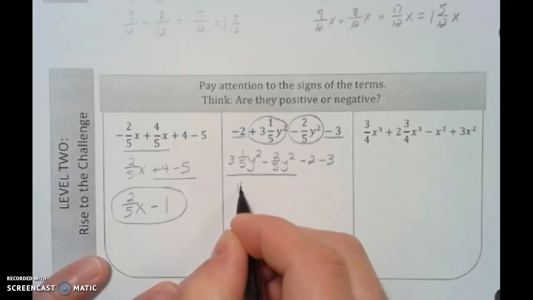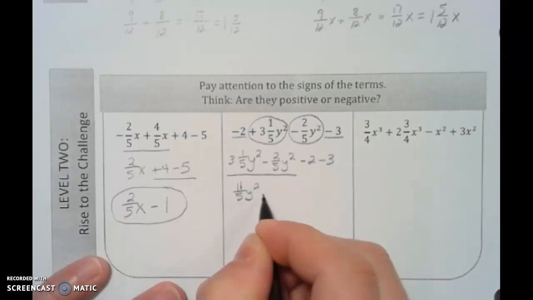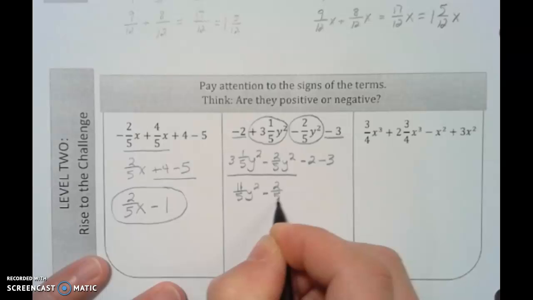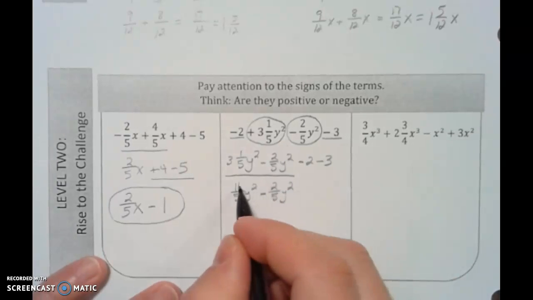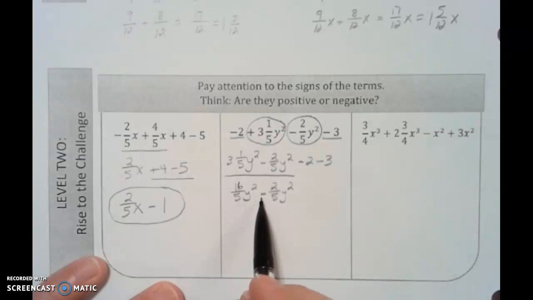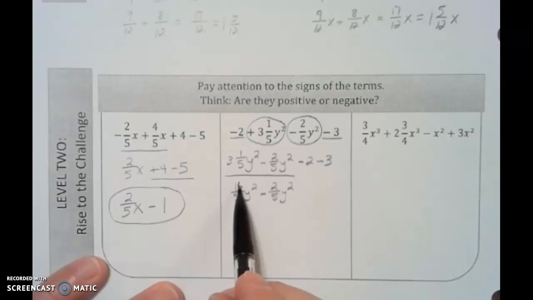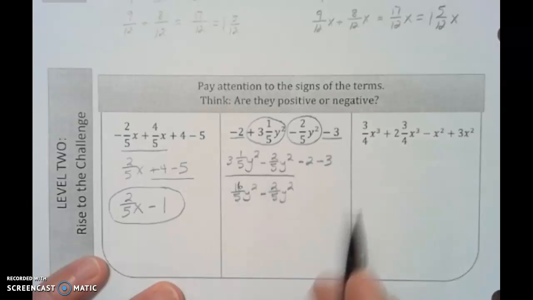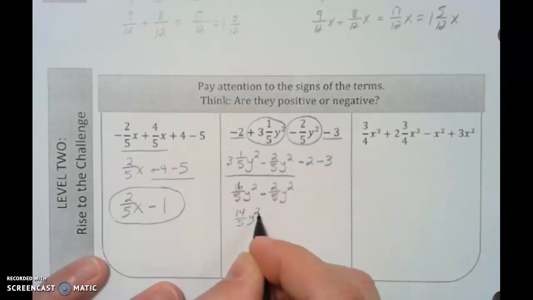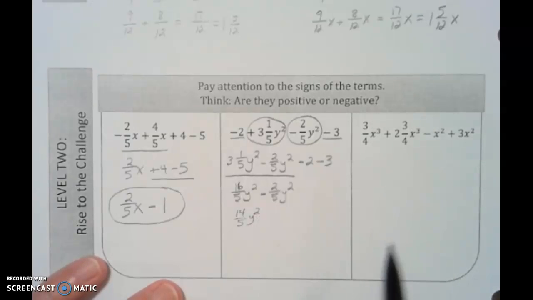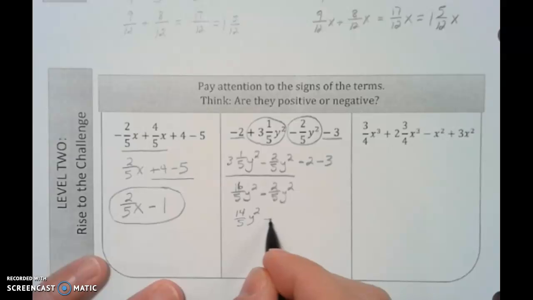So this is 16/5 y squared minus 2/5 y squared. 16/5 minus 2/5 would be 14/5 y squared. Then I can bring down the minus 2 minus 3.